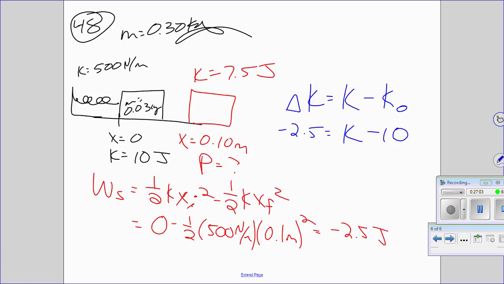Okay. So what were we trying to find again? Power, right? So power is force dot velocity. Well, check it out. At this moment, I know the kinetic energy, so I can find the velocity. And I know the displacement, so I can do F equals kx and find the force. Good? My velocity is this way. My force is that way.